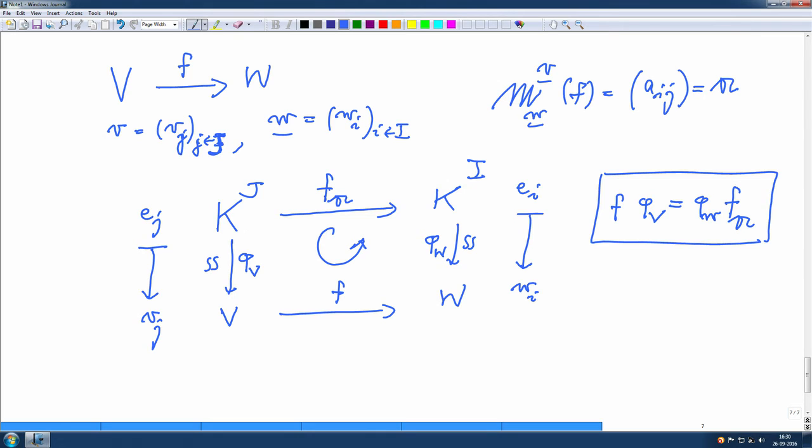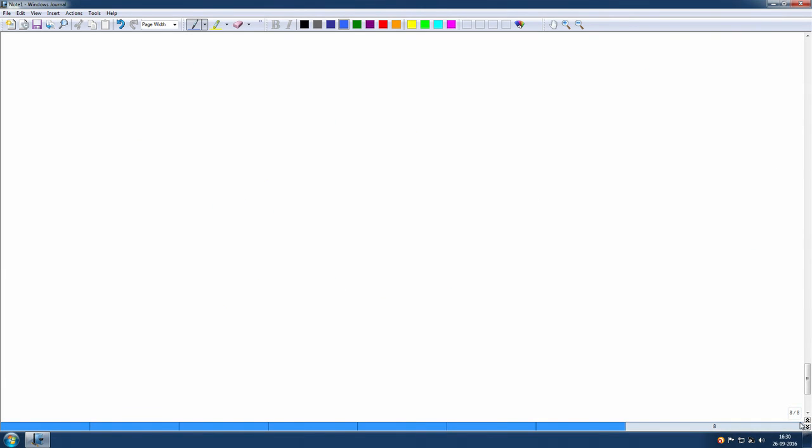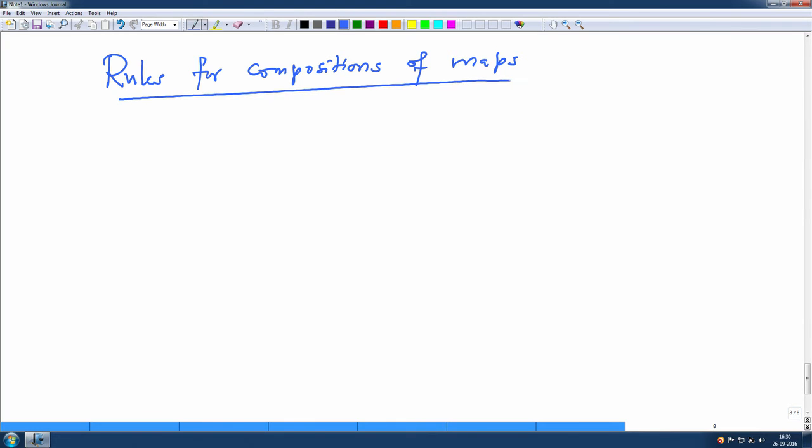All right. Now the rules. Remember, we have rules for composition of maps. We can transfer them to rules for the matrices, and I will write the rules.